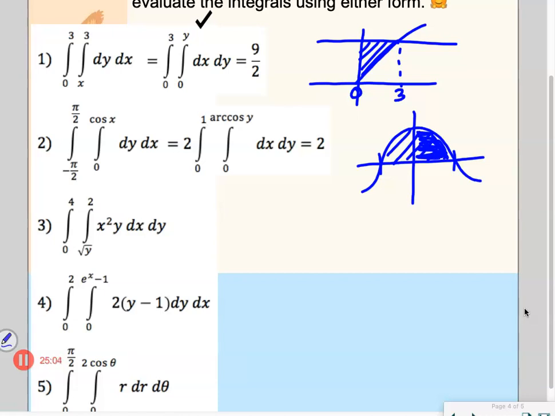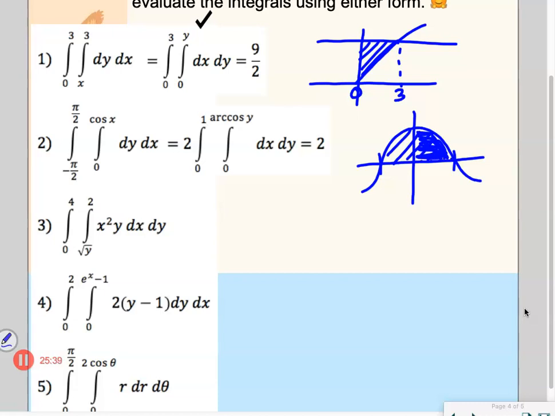Yeah, Aubrey. How do you know that y goes from 0 to 1 and not like y equals 0 up to the next? Okay, that's a good question. Let me say this another way and see if this helps it make sense. In order to produce all of the ordered pairs, we are taking all the y values from 0 to cosine x, and we're plugging in all x values between negative pi halves and pi halves.